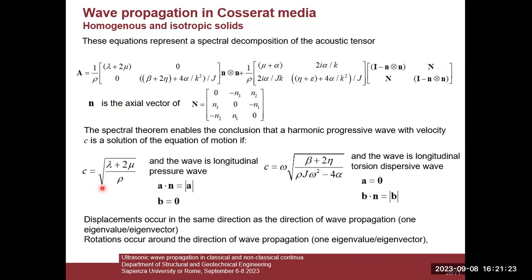One is easy. It has a velocity exactly the same as we found for the Cauchy continuum. It is interesting because it has B equal to 0, meaning that there are no rotations, only translations.